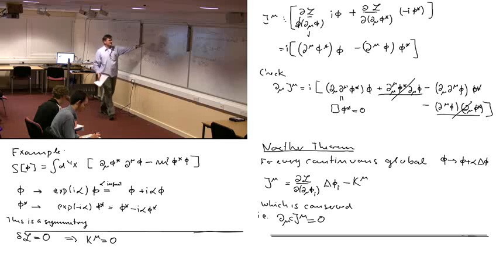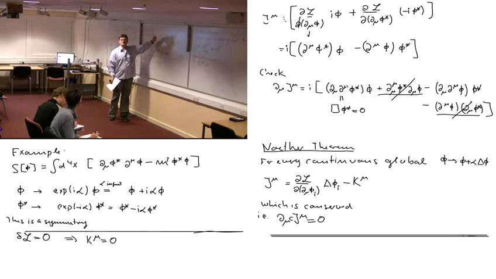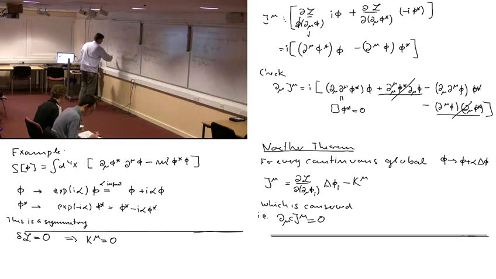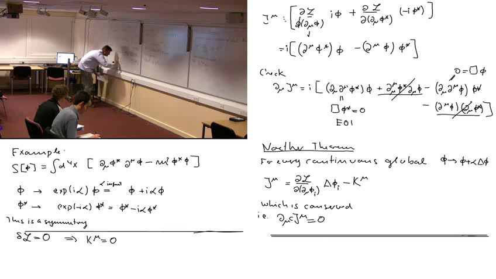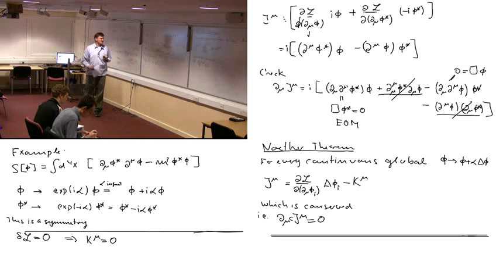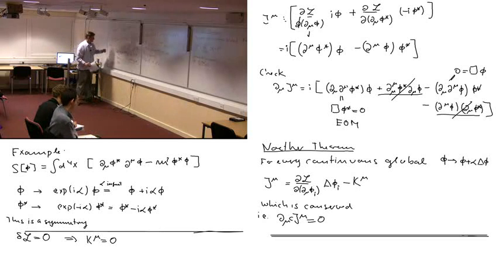I would suggest, I think it's also one of the exercises, that you derive the equations of motion for this field, and you'll find that this is one of them. So we've obtained our conserved current directly from the Noether theorem, but we can also directly check that this current is truly conserved.